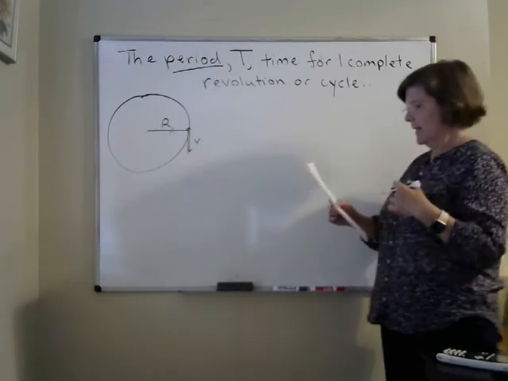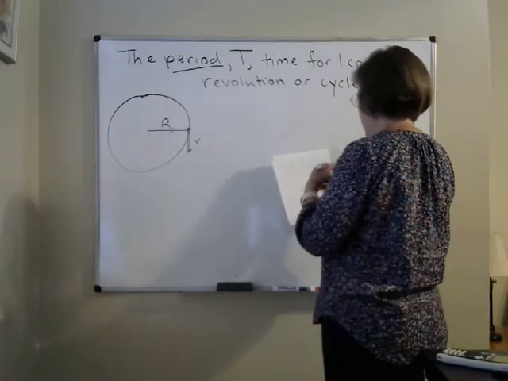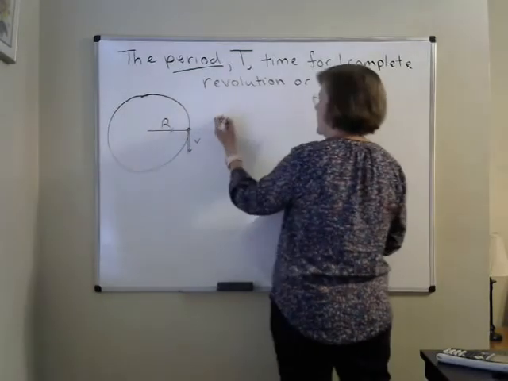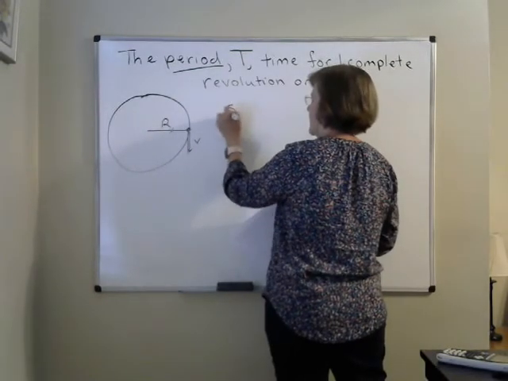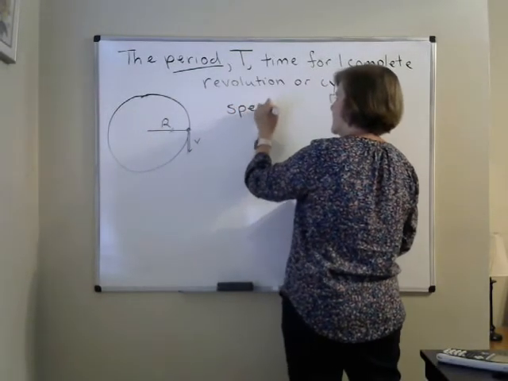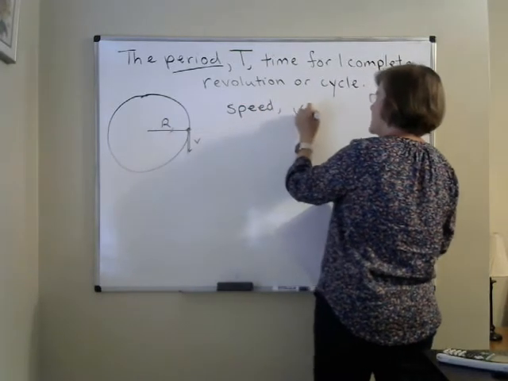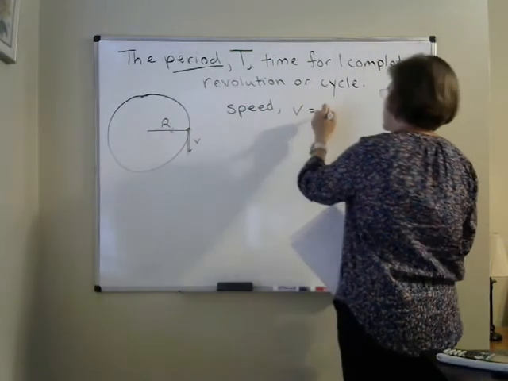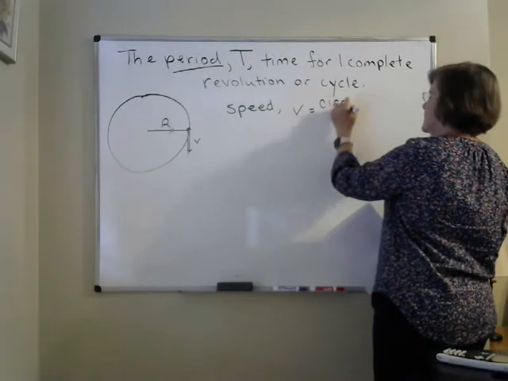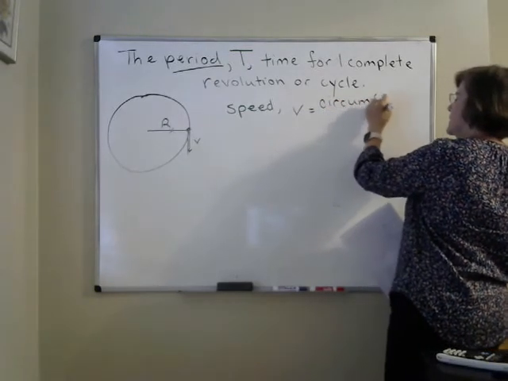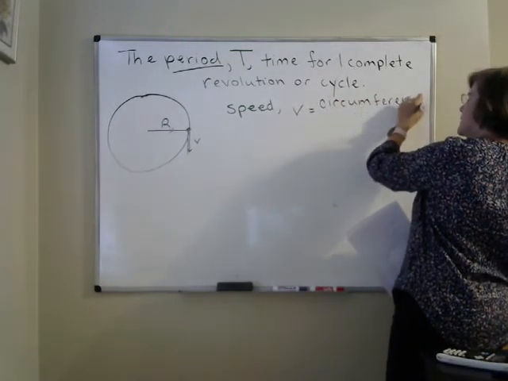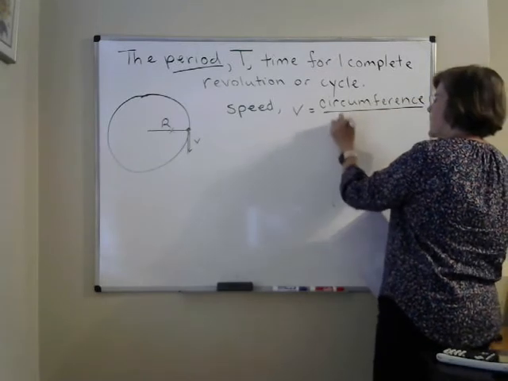If we think about it that way, we can figure out that the speed, or v, would simply equal the circumference over that period.